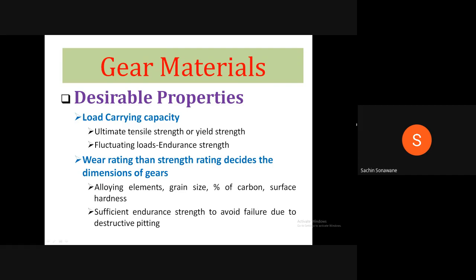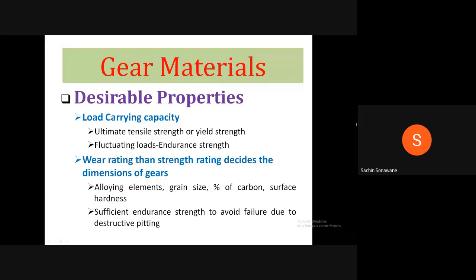Similarly, you find gears in two wheelers and four wheelers, where we want to transmit an exact velocity ratio. Therefore, there we are using alloy steel as the gear material. Why are we using alloy steel? Because it has good strength, that is, wear resistance.